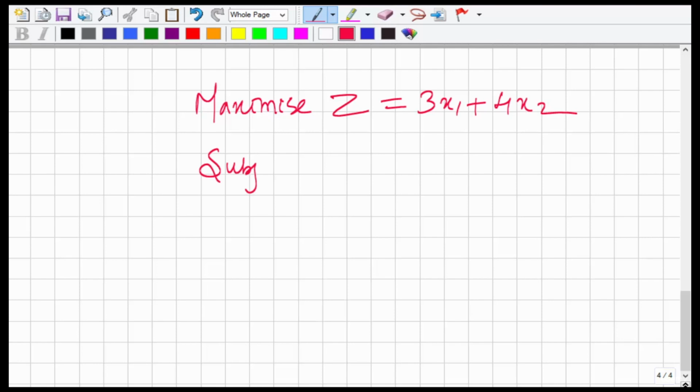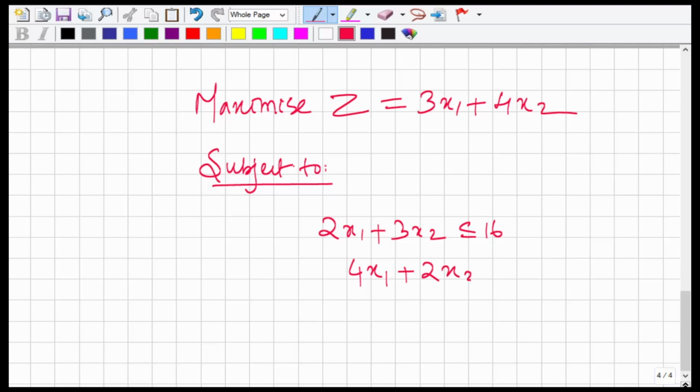We have two constraints: 2x1 plus 3x2 is less than or equal to 16, then 4x1 plus 2x2 is less than or equal to 16, and the third one, the non-negativity constraint, x1 comma x2 should be greater than or equal to 0. So this is how LPP equations, or say inequalities, are developed.